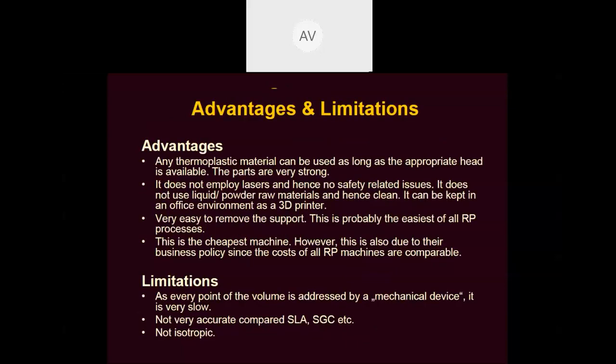The process of removing the support material is not mentioned in this slide. That process is called the fletching process. There is a separate device, and inside it is a benzene acetone solution.